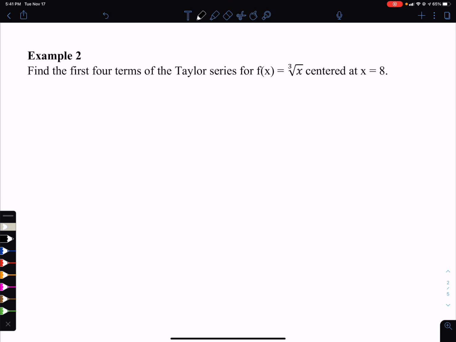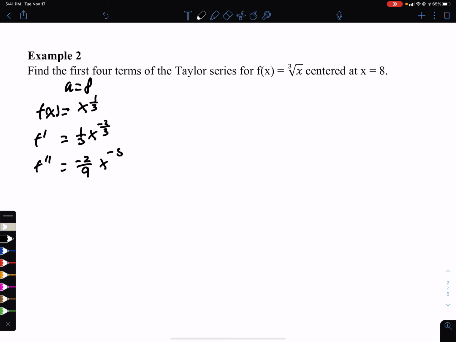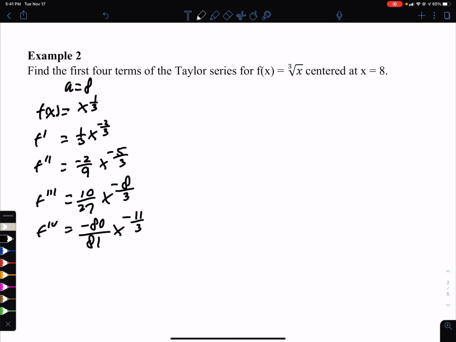Second derivative, that's going to be negative 2/9 x to the negative 5/3. And then the third derivative, it's going to be 10/27 x to the negative 8/3. I guess we can go to the fourth derivative. We've got time. Negative 80 over 81 x to the negative 11/3.